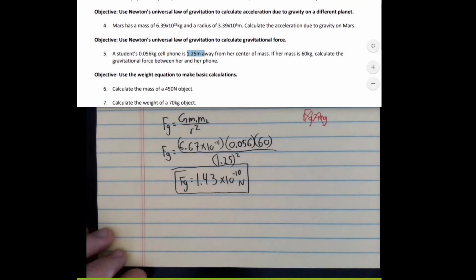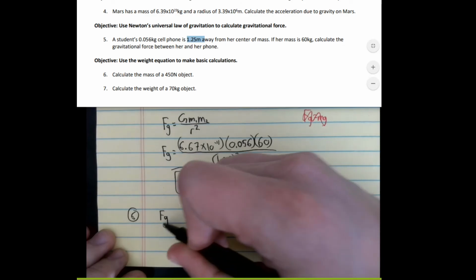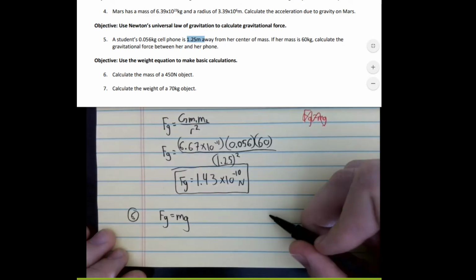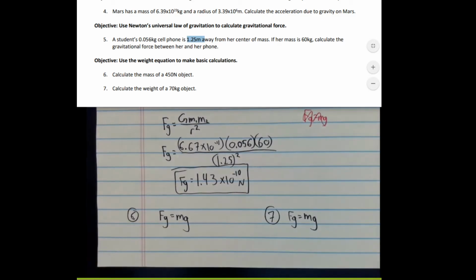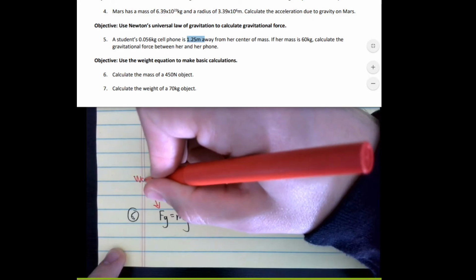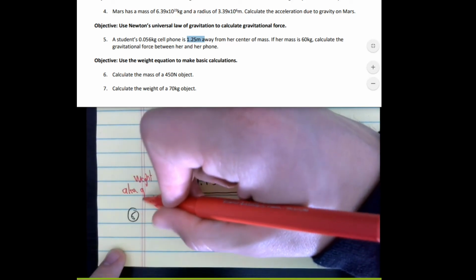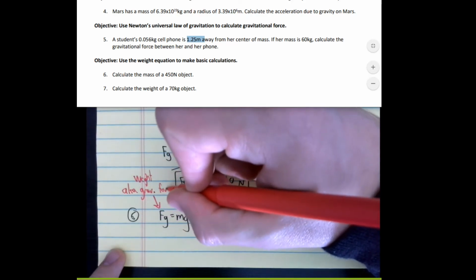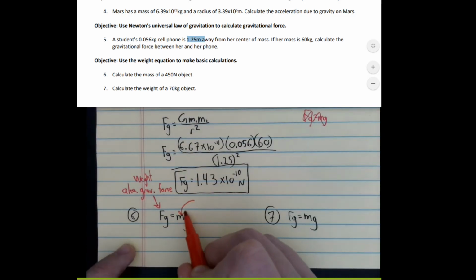6 and 7 are super easy. Really all I'm doing for 6 and 7 is testing that you know the difference between mass and weight. This is weight, also known as gravitational force, and this is mass.